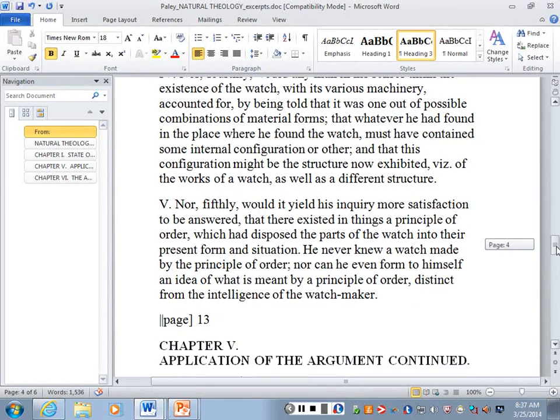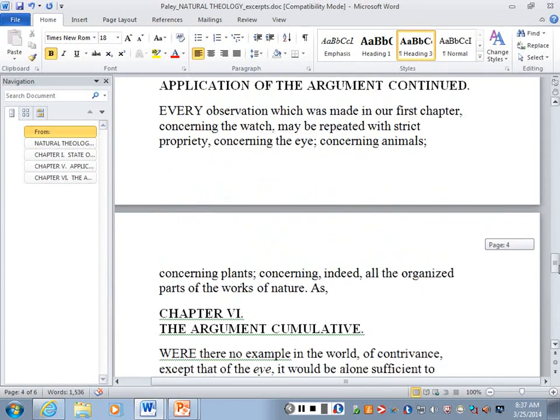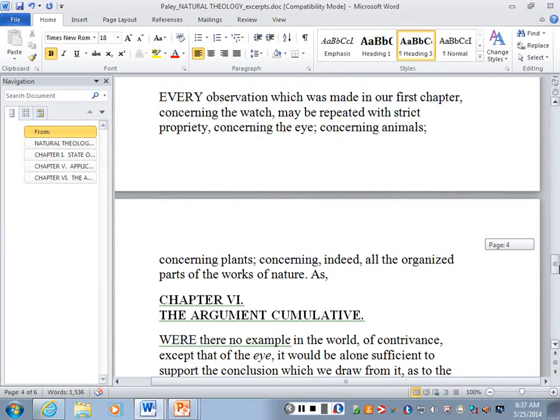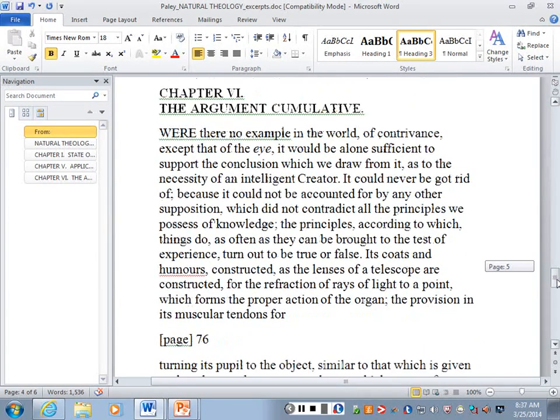Okay, so he says, every observation which was made in our first chapter concerning the watch may be repeated with strict propriety concerning the eye, concerning animals, concerning plants, concerning indeed all the organized parts of the works of nature. But he particularly likes the eye, right?